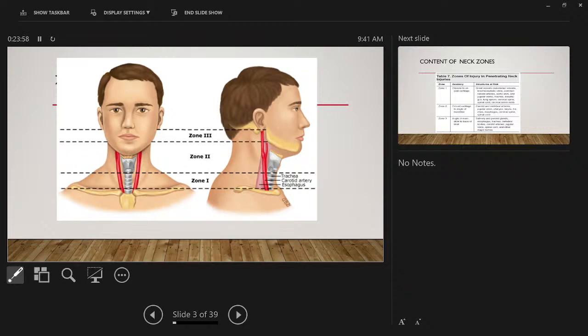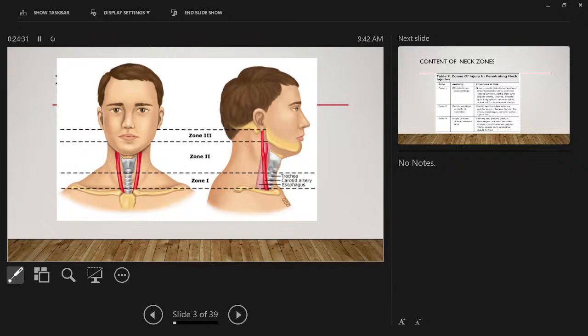So what is the clinical importance of these three zones? In which zone? Tell me, what is the clinical importance of these zones that you are describing?